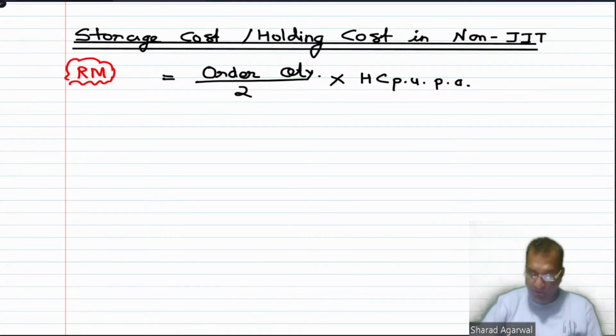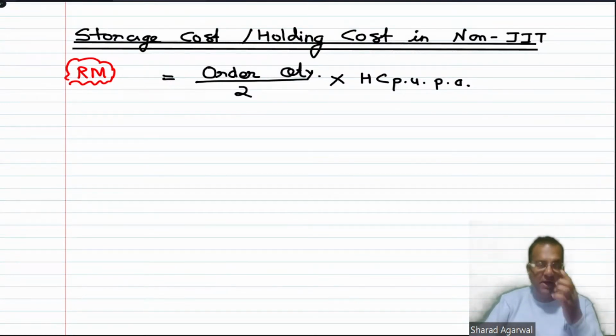Maybe you will be able to recall the logic behind this formula. You have studied this at inter level in the chapter EOQ and ROQ. Whenever you find the total cost under economic order quantity and reorder quantity, you use the same formula: OQ, order quantity, divided by 2, multiplied by holding cost per unit per annum.